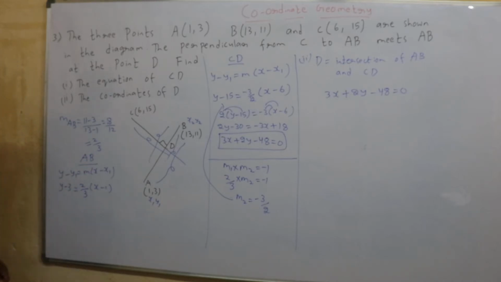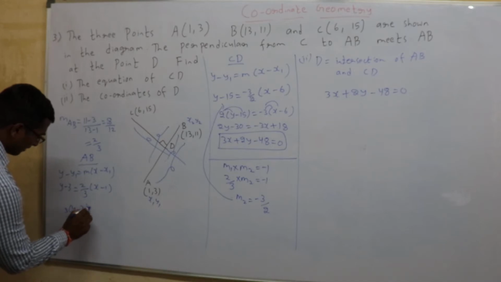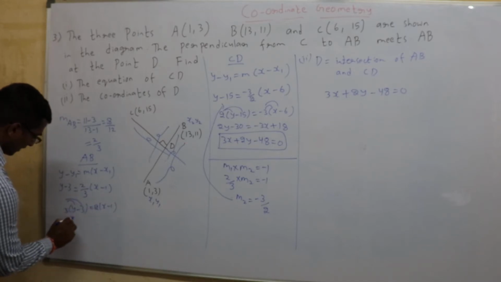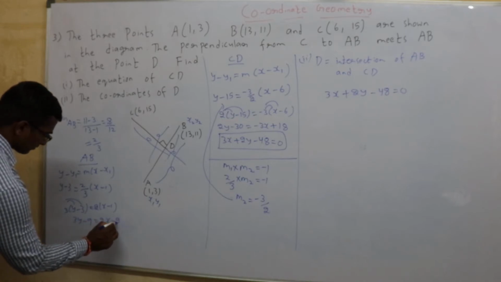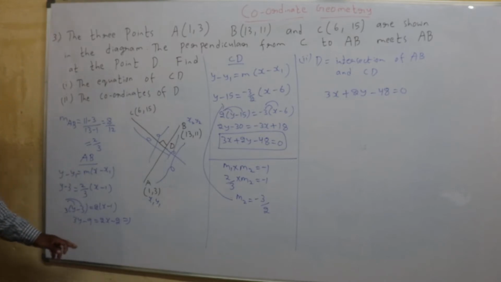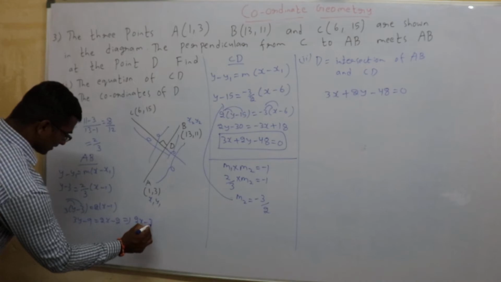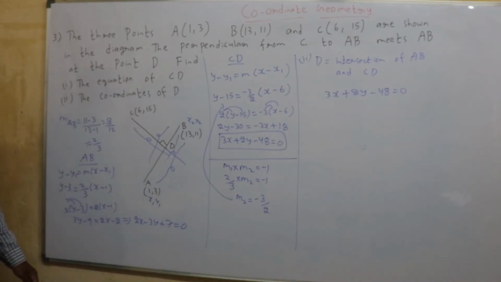So place it here. It's a fraction, so send 3 to the other side. So 3 into (y minus 3) equal to 2 times of (x minus 1). So it becomes 3y minus 9 equal to 2x minus 2. Bring all to one side. So it is 2x minus 3y plus 7 equal to 0.